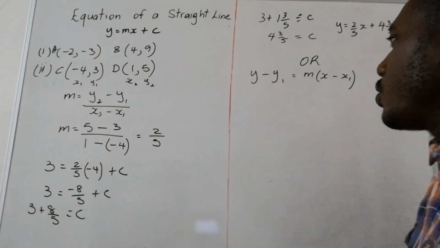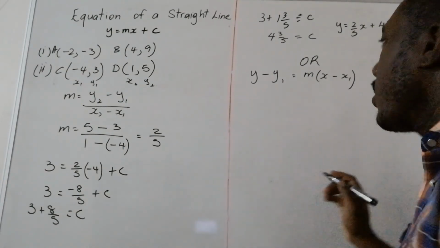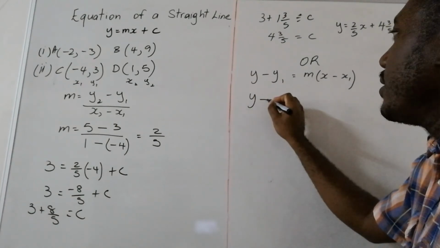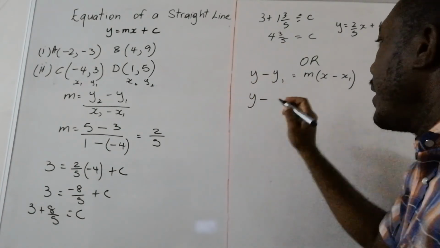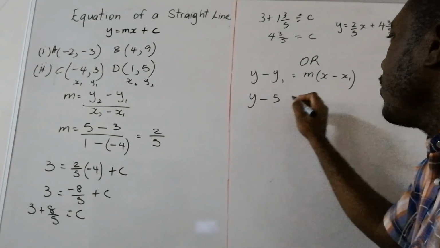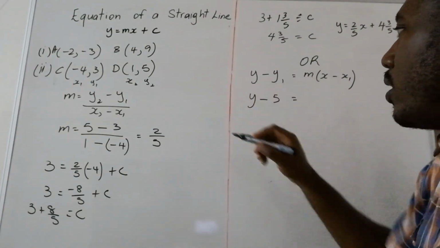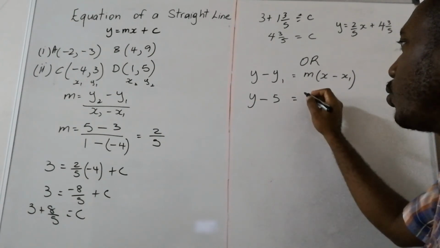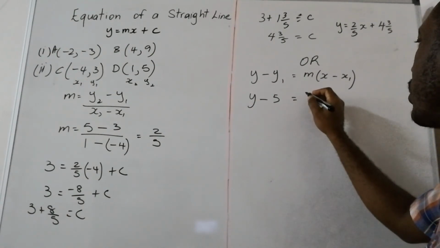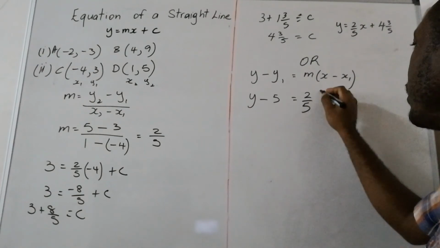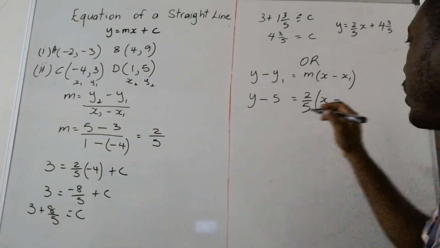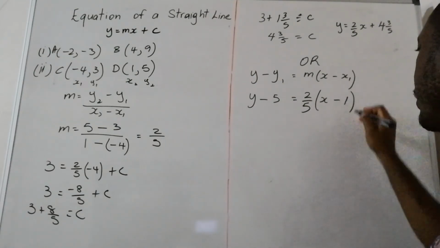So let's use our second point, point D. So y minus y1, in this case 5, is equal to our gradient. What is our gradient? 2/5. So 2 over 5 times x minus x1, in this case 1.